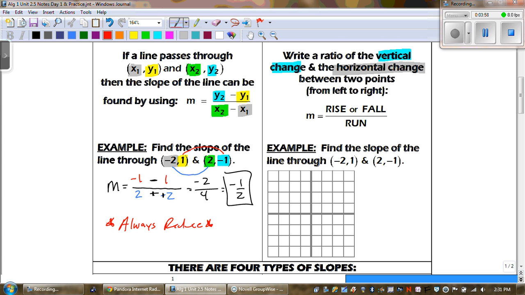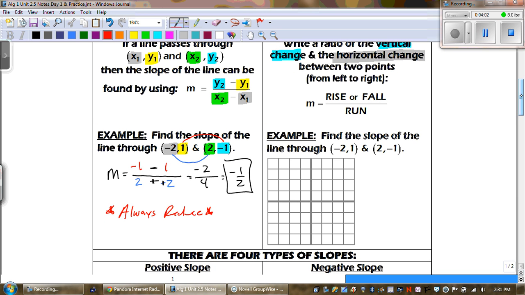So let's take a look at the same example, but let's graph those points. So I've got -2, 1, and 2, -1. All right, so there's our graph, the 2 points for the line, and now let's draw the line.